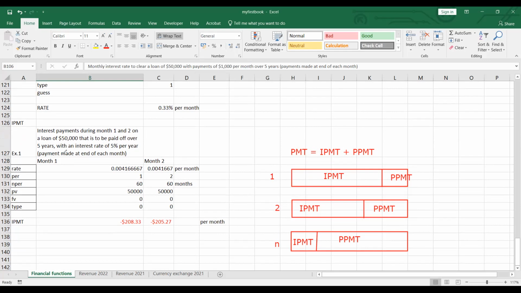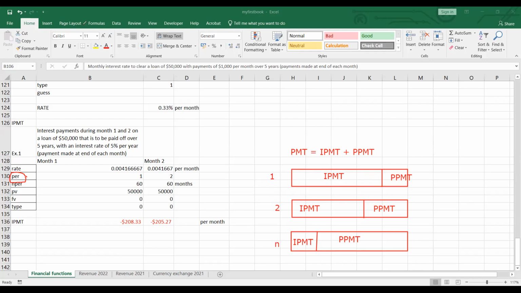Per or period is the argument that tells us which period you are interested in. For example, in this diagram I show you month 1, month 2 and month n, that means when we calculate, the period or per will be 1 or 2 or n, to specify the difference of the interest or principal.